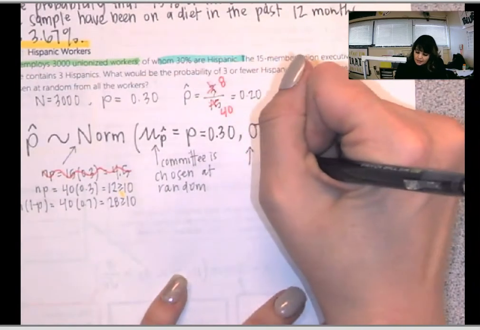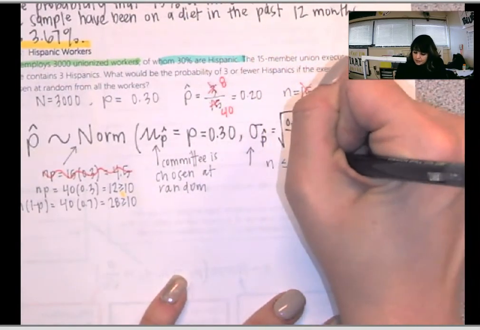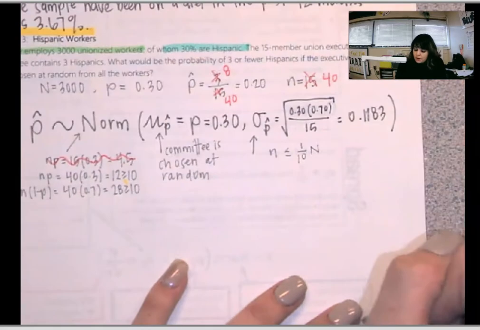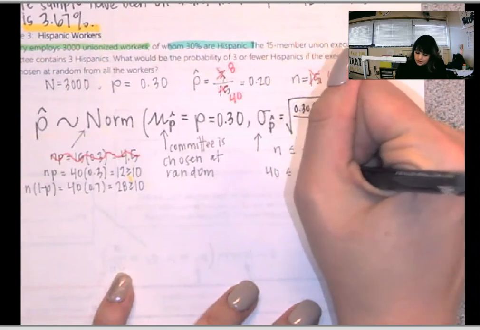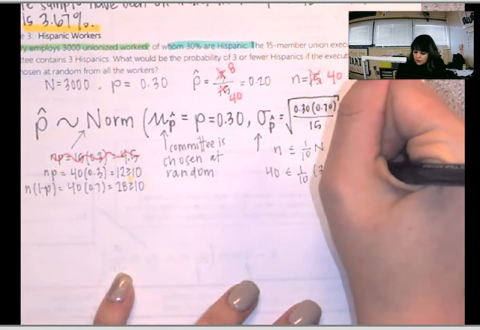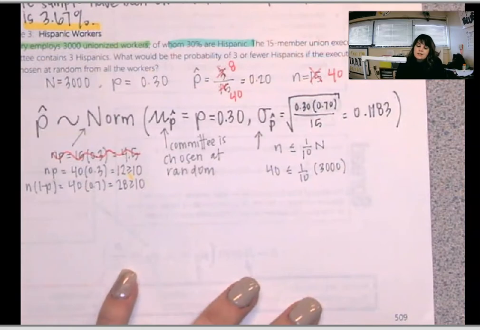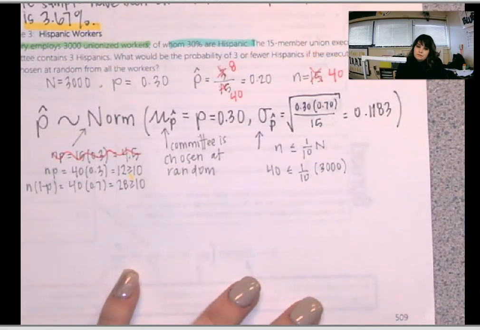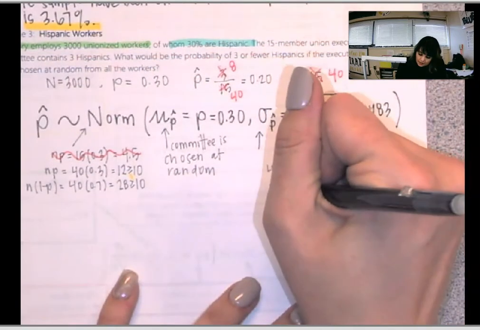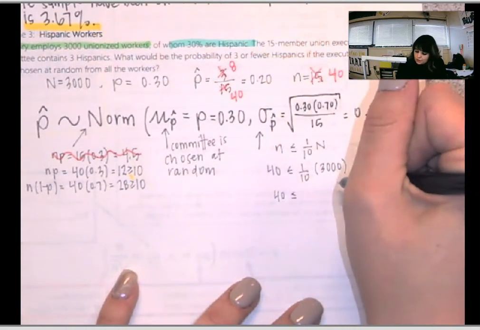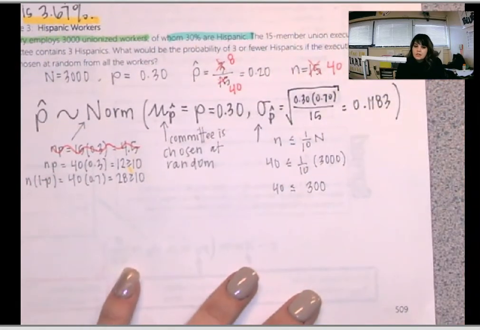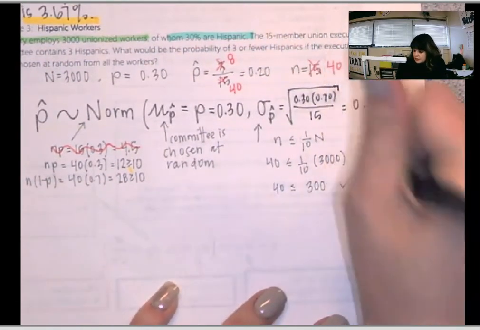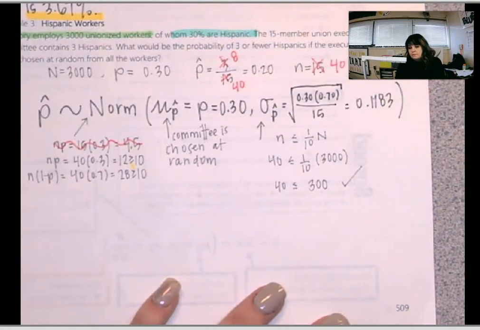So we're checking that our sample is less than or equal to 1/10 of our population. Our sample is 40. This is the first time we know our population size. So is 40 less than or equal to 1/10 of 3,000, which is 300? And the answer is yes. So all of our conditions are met.